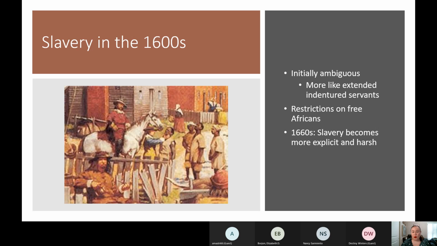We start to see more and more legal restrictions placed on Africans in the English colonies. For example, as of the 1620s, they were no longer allowed to serve in militias. Many English colonies passed laws that punished not only premarital sex, which is seen as a no-no, having sex before marriage, but also specifically punished relationships between English and Africans.